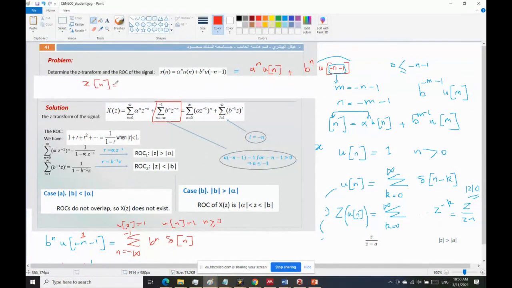So x[n] is equal to alpha^n, the sum where n goes from 0 to infinity of alpha^n u[n] delta[n]. We converted this u into a sum of shifted deltas.